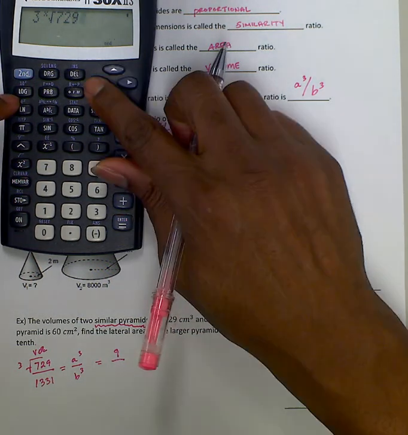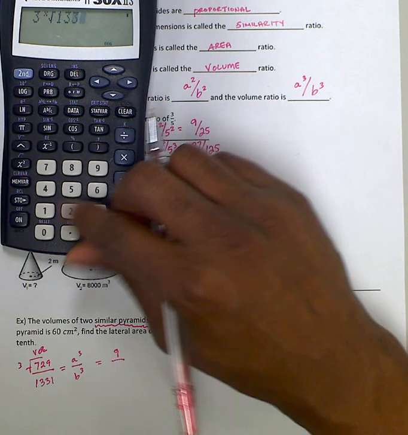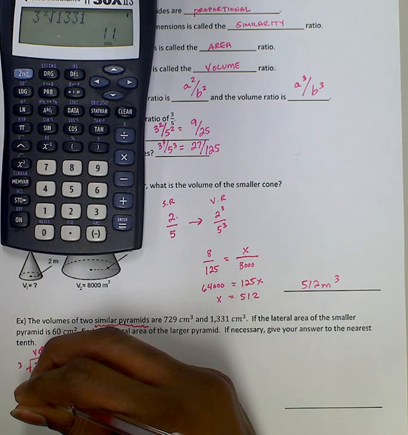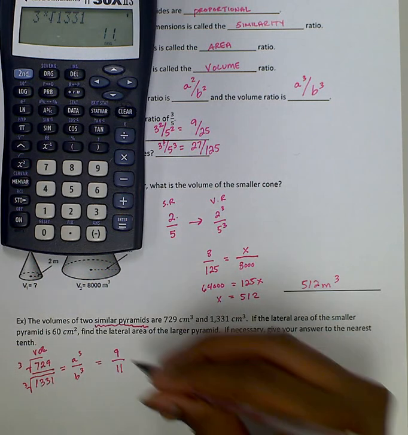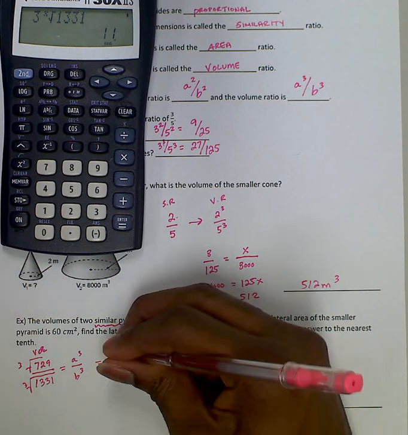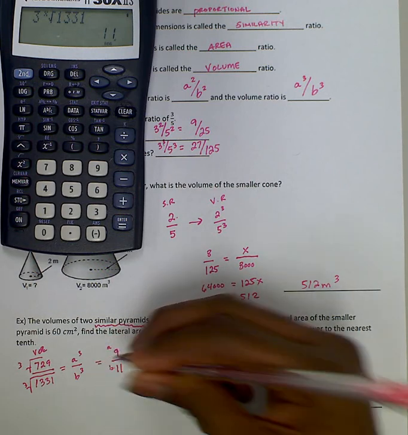I want to take the cubed root of 1,331, and when I do that, I get 11. So what I found here is a to b. This is my a, this is my b.